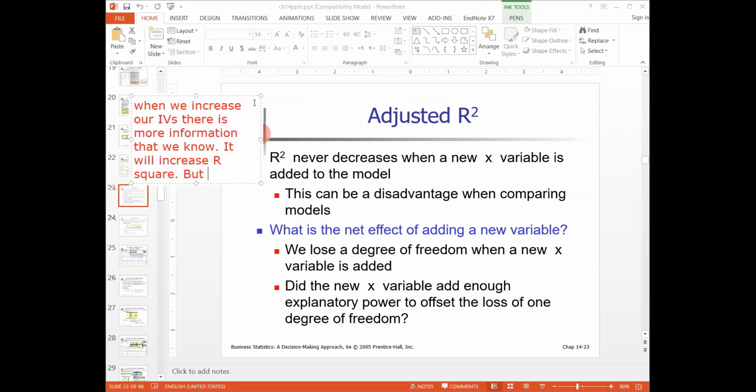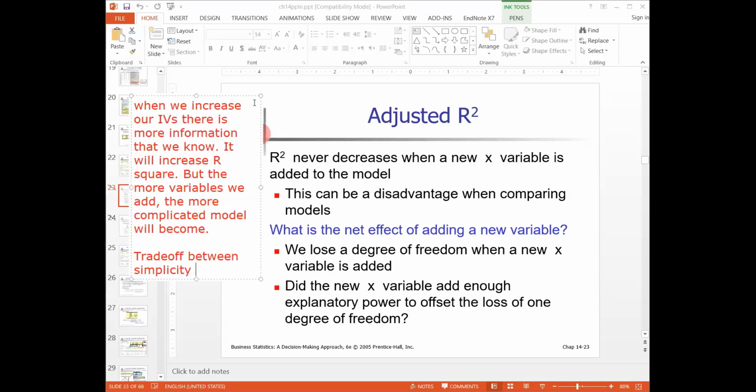But the more variables we add, the more complicated the model will become. So there's a trade-off between simplicity and efficiency.